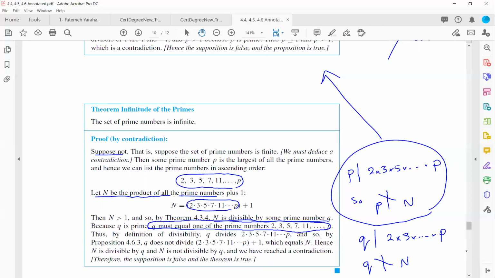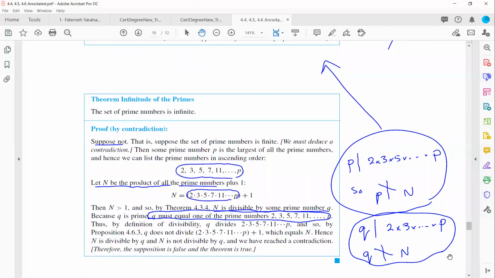But we just assume that q is a prime number dividing n. So there is a contradiction. This error came from the assumption that the set of prime numbers stops somewhere. So this assumption is false. Suppose not, it's false. So its opposite, which is our theorem, is always true.